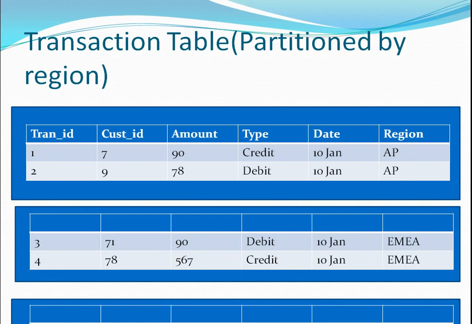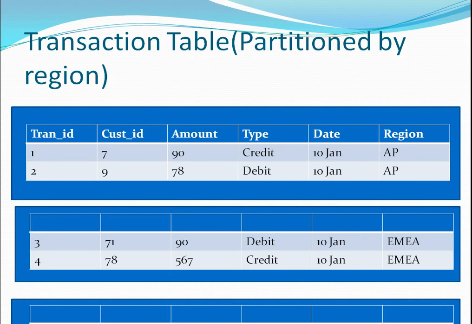Now that I have unambiguously defined that region is my partition key for this particular table, it will allocate different segments for different regions. AP will be in a specific segment, EMEA in a specific one, and North America in one.